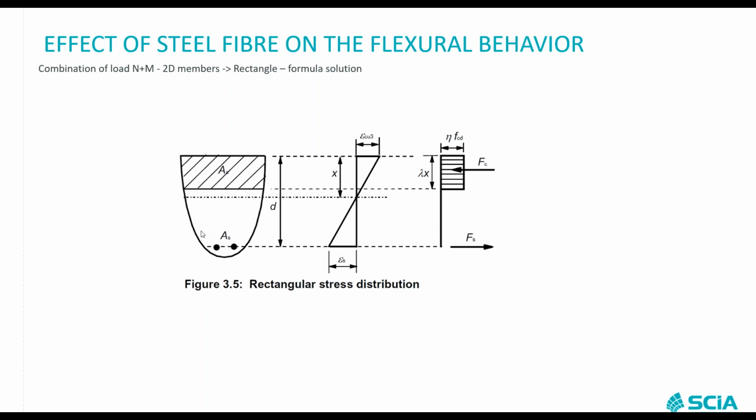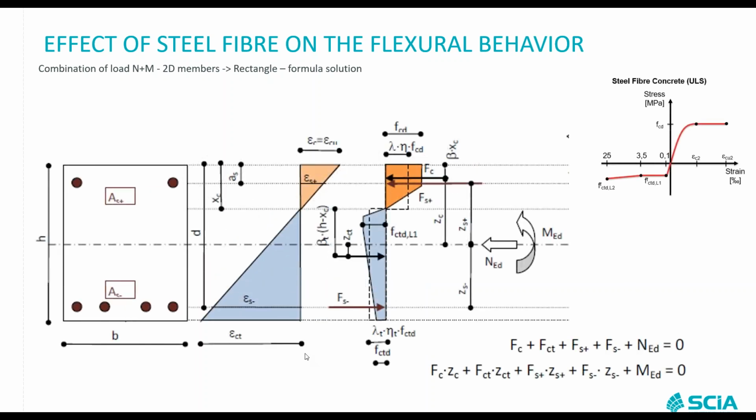Now the question, will that also be similar in case of the steel fiber concrete? If we look inside this similar diagram, we see almost the same elements, the same forces: Fc, the force in the concrete, and Fs plus, Fs minus, which are the forces coming from the traditional reinforcement.